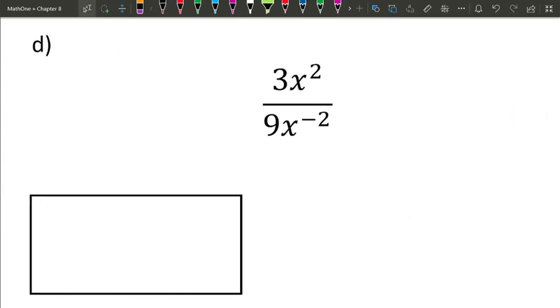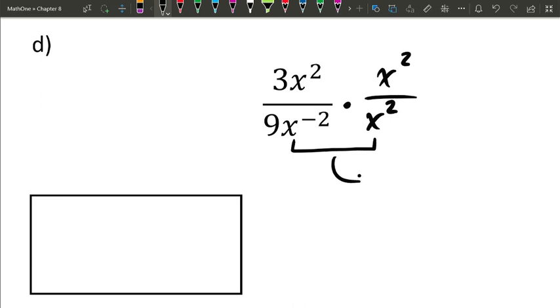All right, and then the last problem, I have an expression with x to the negative 2nd in the denominator. To clear this negative exponent, I'm going to multiply by x to the 2nd, right? I specifically selected x to the 2nd because I know x to the negative 2nd times x to the positive 2nd is, here we go, x to the 0, which is the number 1. So in my numerator now, I have 3x to the 4th power, right?